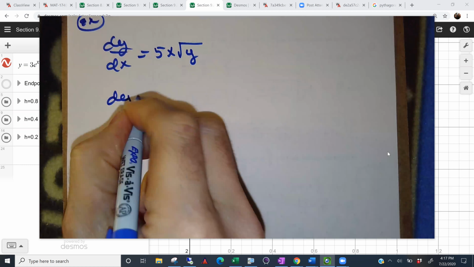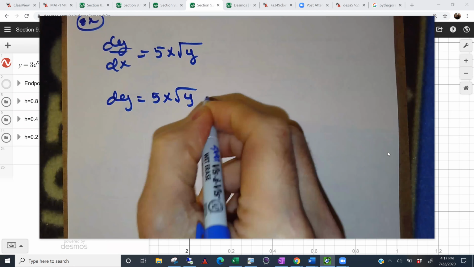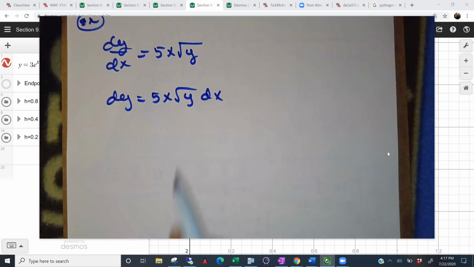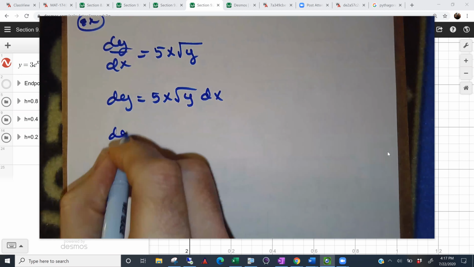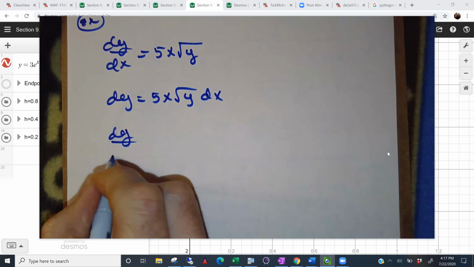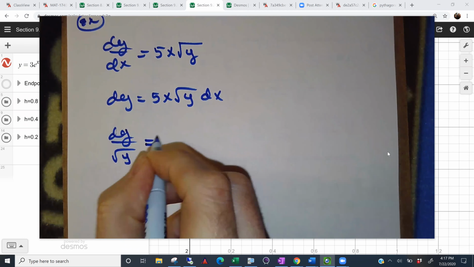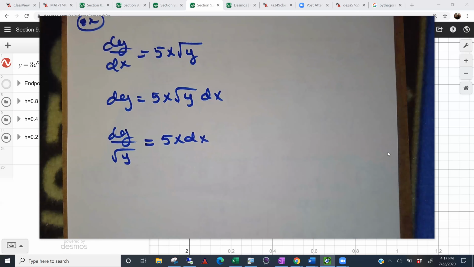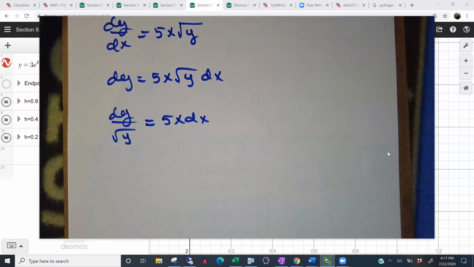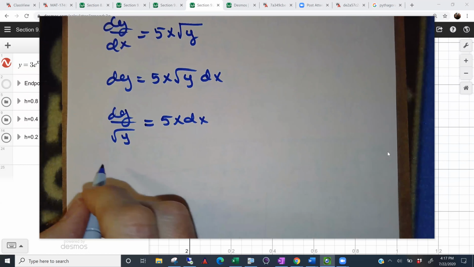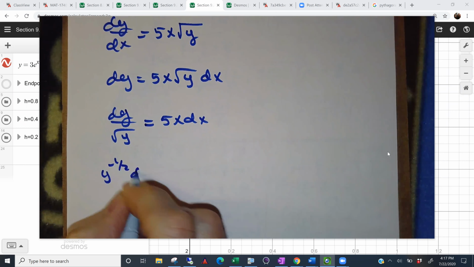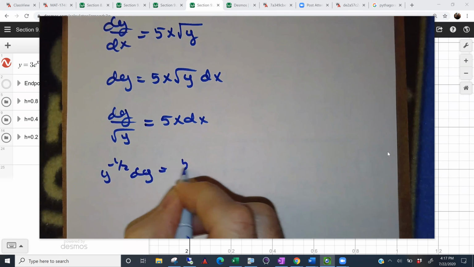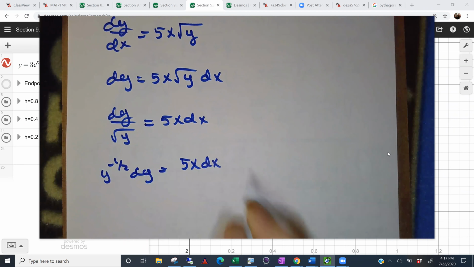And then I'm going to want to put the y's on one side and the x's on the other side. So naturally, that means dividing both sides by the square root of y. 5x dx. And let me rewrite that as y to the -1/2 dy equals 5x dx.